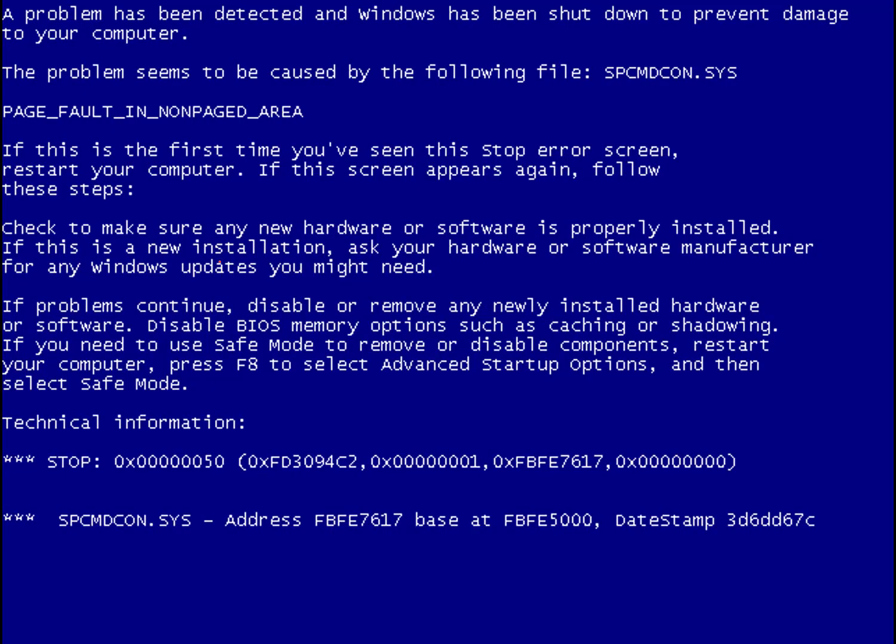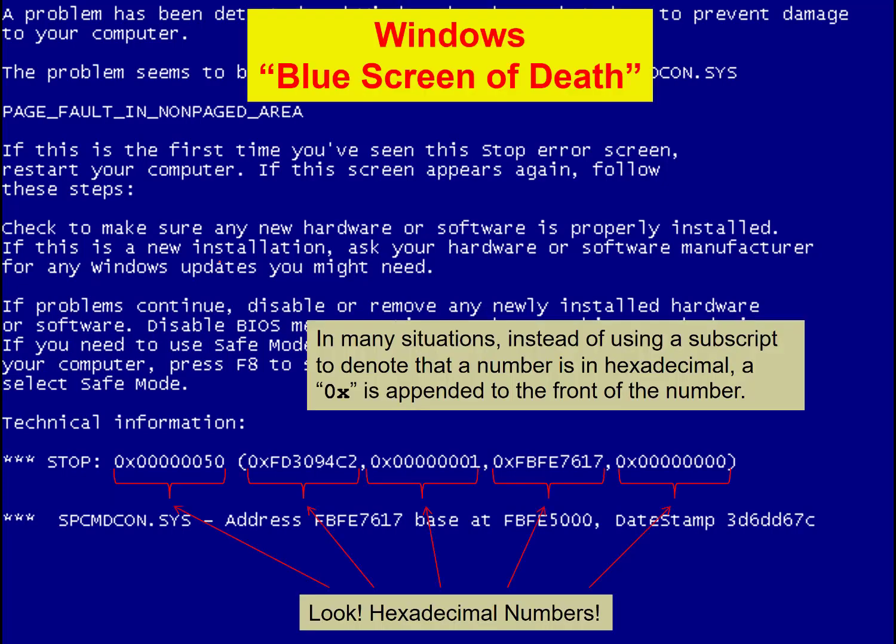Okay, so if you look at this, I think if you are using Windows machines, you saw this a lot, right? The most important part here is that if you look at the top line, you'll find the following: 0x, which is telling you, hey, this is written in hex, okay, and then 000050, and then the next one again 0x, which again tells you it's written in hex, and so on and so forth.